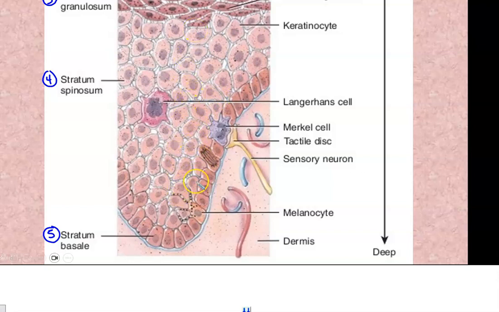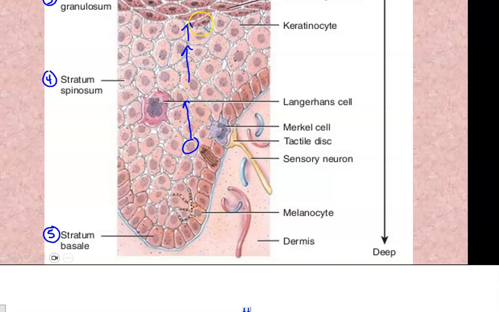It's because all the mitosis is happening here. All the new cells are being made. Let's just pick a cell. I'm going to pick this one. Okay, so these are dividing. We're going to start to see cells being pushed towards the surface.